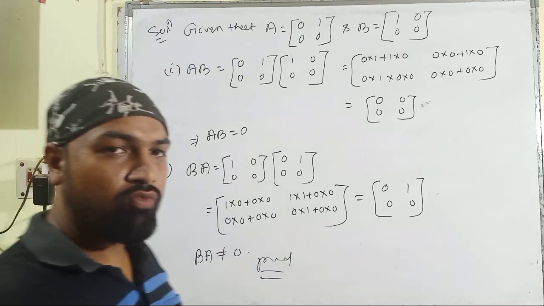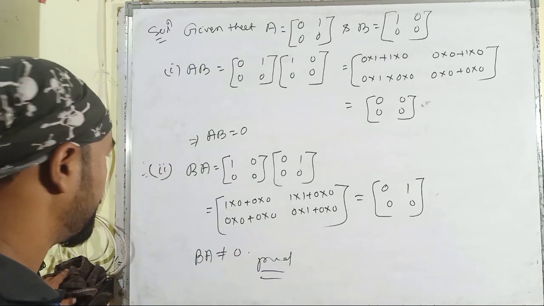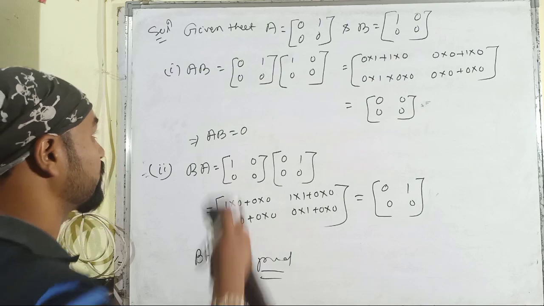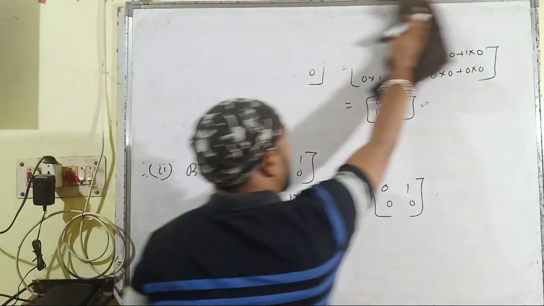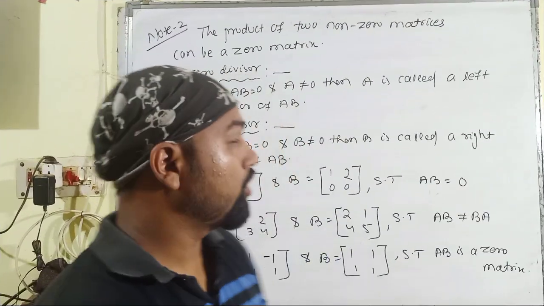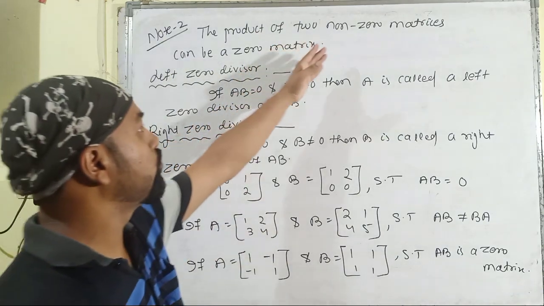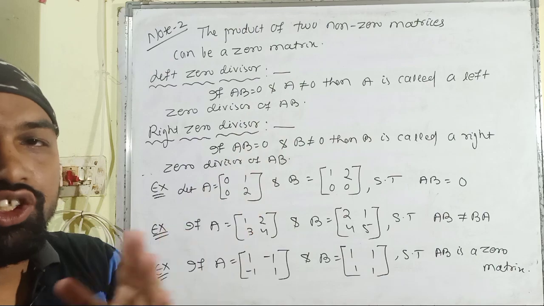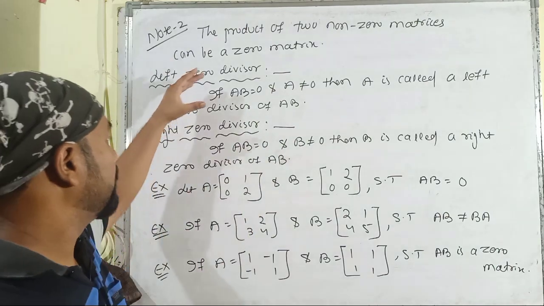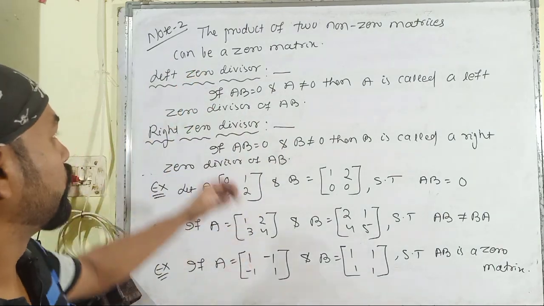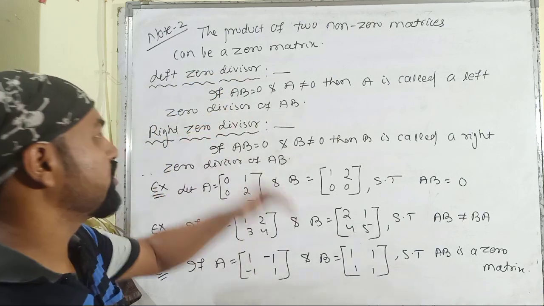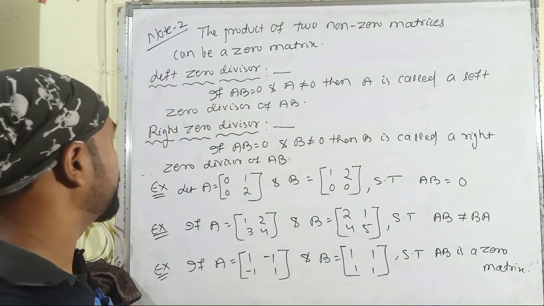Then, moving towards some more fundamentals based upon matrix multiplication, we can conclude today's video session. Coming towards the last part of this video session, here is note number 2. The product of two non-zero matrices can be a zero matrix. And there are two semi-fundamental notes: left zero divisor and right zero divisor. What do you mean by left zero divisor?